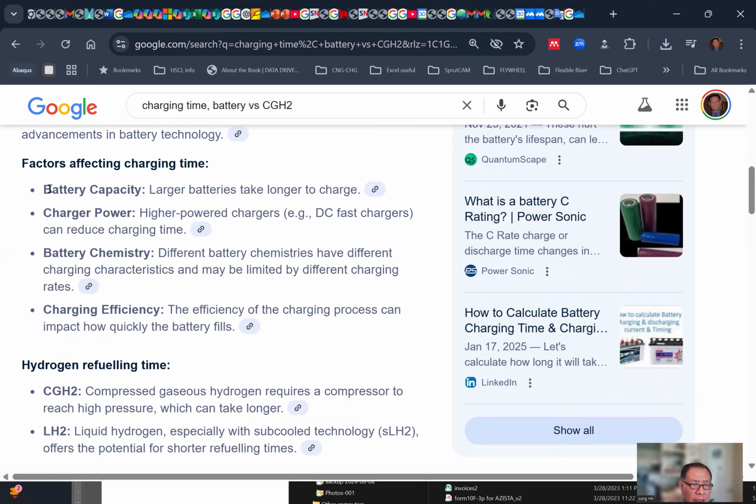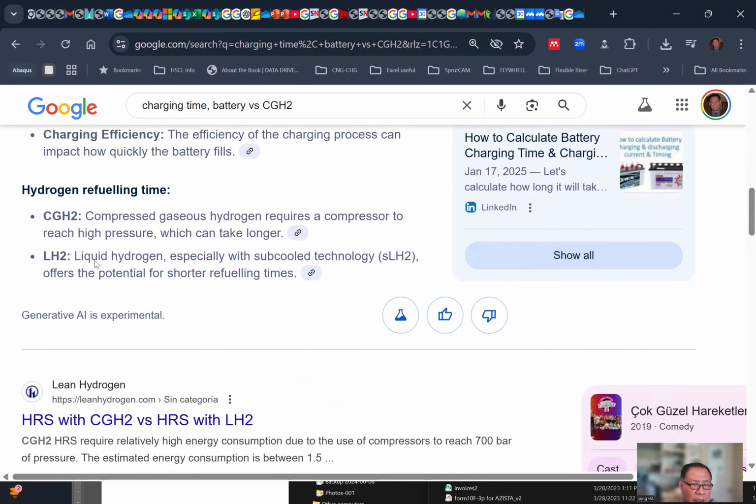Well, battery has several issues. One of the issues is the charging time.